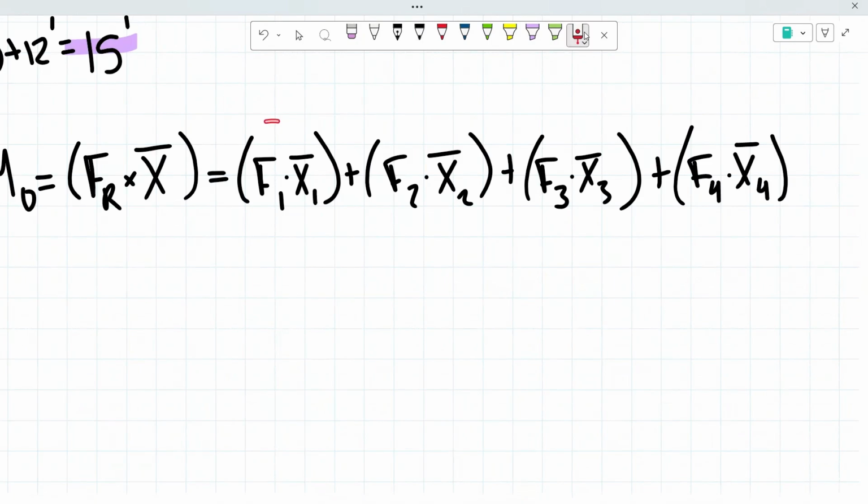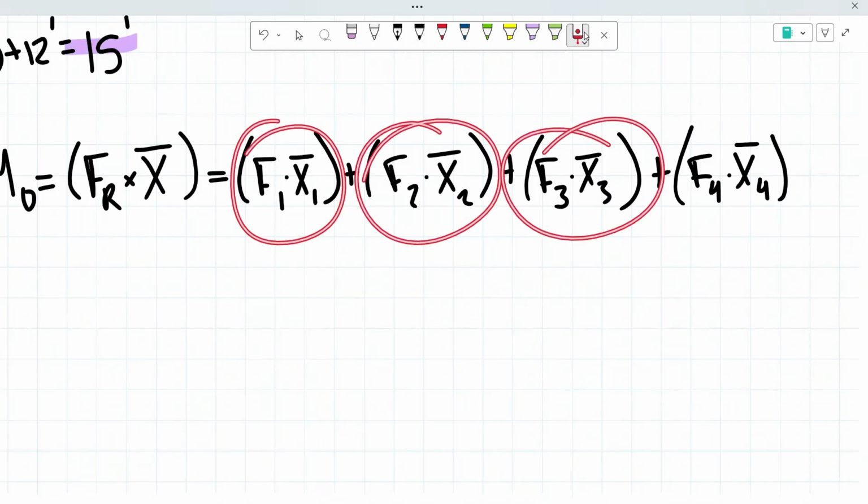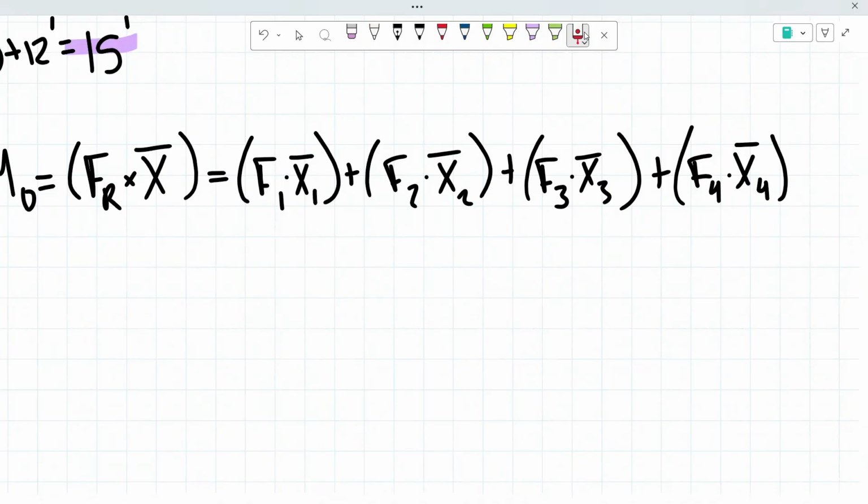Remember, all of these are positive moments because they're also on that right side of point O and they're all pointing upwards. So we know they're all going to be creating that positive moment. We have our forces that we already found. And then from there, remember that a moment is force times the distance. And we already found that distance of those forces from point O, which is why we did that since the beginning.